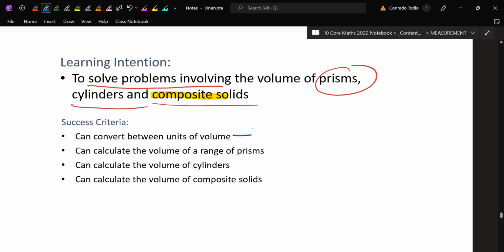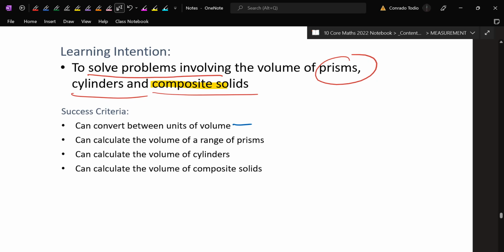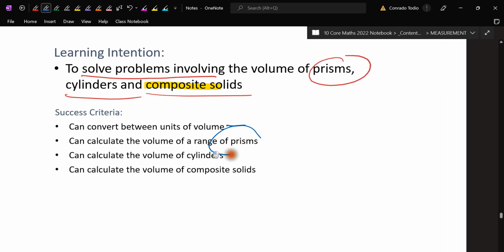It's slightly different to meters squared and liters squared. So how do you convert between them? You're also going to look into the volume of prisms. Another word for prism is just a 3D shape. Then volumes of cylinders, and then the volumes of your composite solid. So all about volume for this lesson.